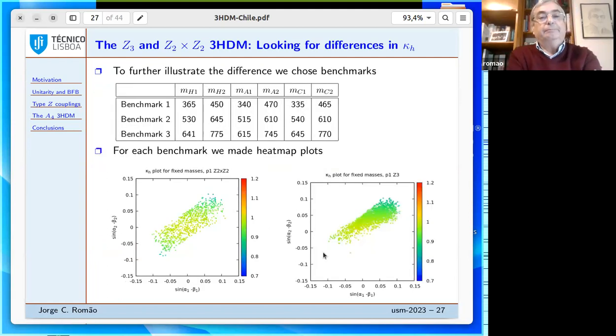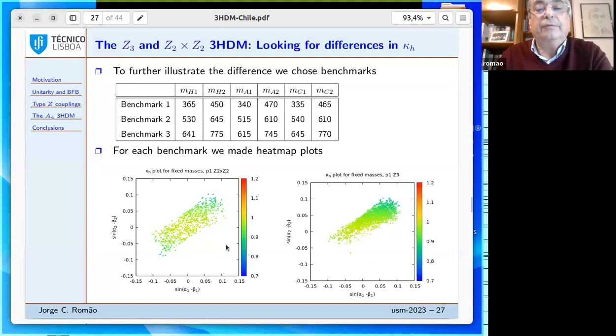To illustrate this, we chose some benchmark points. Benchmark 1 with relatively small masses, benchmark 2 with intermediate masses, and benchmark 3 with heavier scalars. In these heat map plots, we plotted on the left Z2 cross Z2 and on the right Z3. You see from this scale that green is lower values for kappa H, and yellow is close to 1.